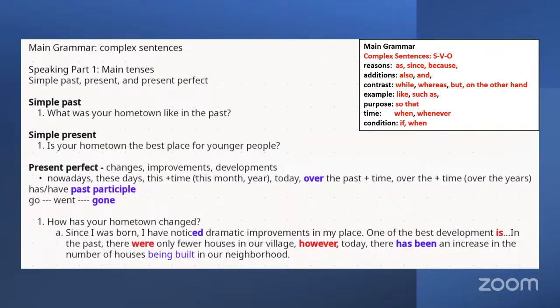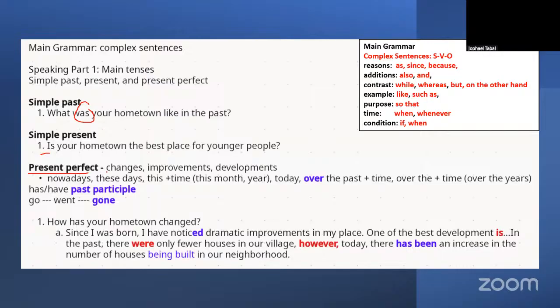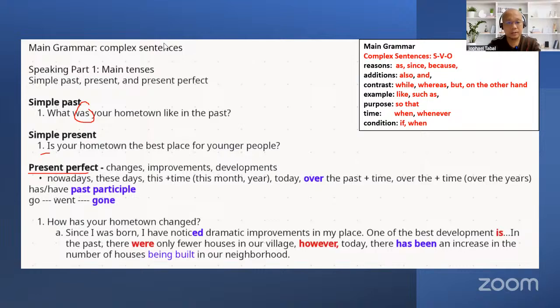Now again, for present perfect, this is a formula here. Simple past: what was your hometown like? Is your hometown the best place for younger people? The simple present and present perfect. The clue here again is when you are asked to talk about changes, improvements, developments.